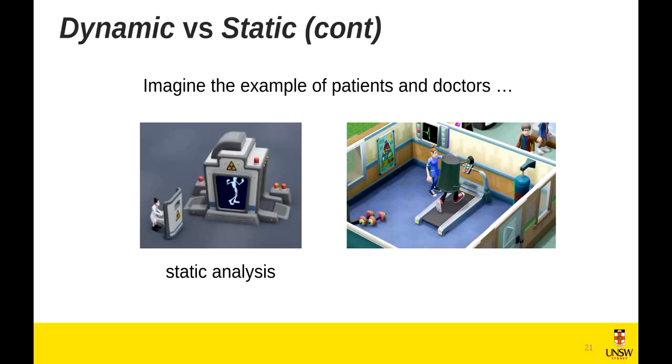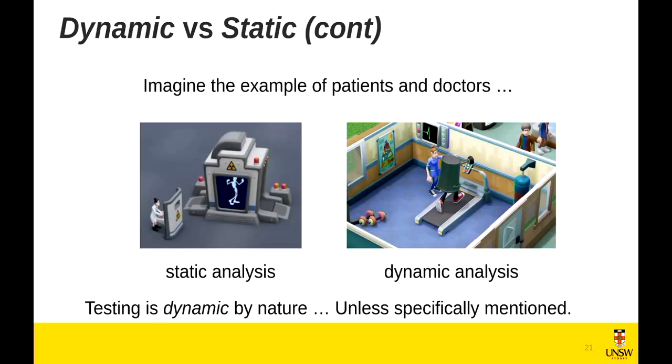The first type of analysis is called static analysis, because we just scan through the patient. The patient is not moving, it's not reacting. The patient is static. And the second type of analysis is called dynamic analysis, because the patient is acting, the software is running. So testing, according to the definition, is dynamic by nature.